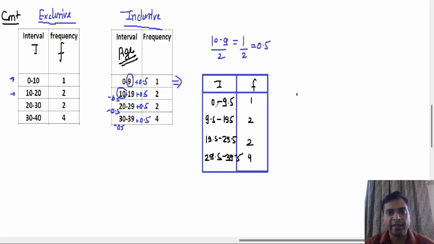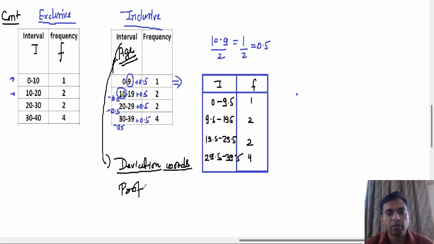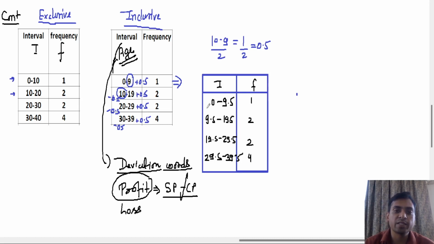So that's why you will not write less than 0. Suppose the factor is like deviation-based. Deviation words, in whose formulas minus comes, like profit, loss. So these are all based on deviation. Deviation means you subtract them, selling price minus cost price, only then profit comes. So in all our minus-based formulas, we can write this as negative, because if the profit is negative, then you can say this is loss. But age is negative, you can't say anything else because age being negative makes no sense. Is it clear?